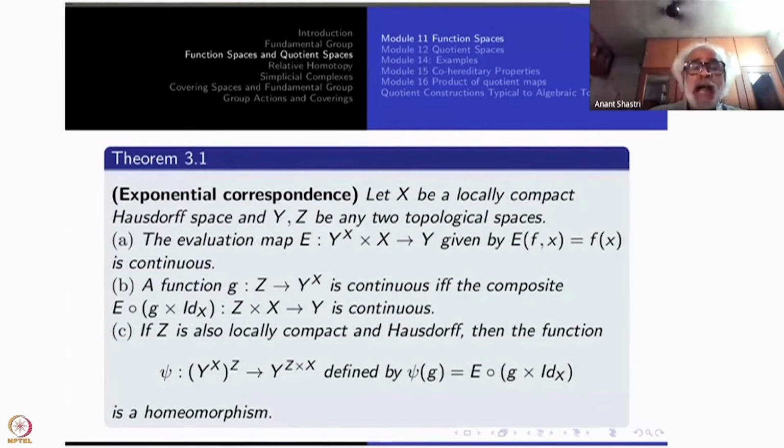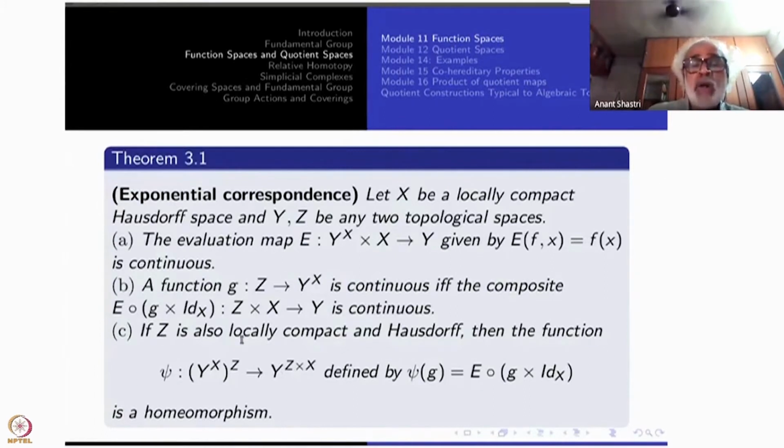You must be knowing that cardinality of Y power X power Z is the same thing as cardinality of Y power cardinality of Z into cardinality of X product. This is the same thing as a raised to b raised to c is a raised to bc for numbers. Same thing is true for continuous functions now, is the beauty here.